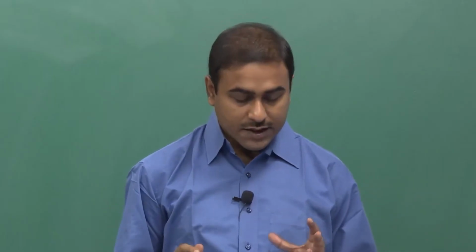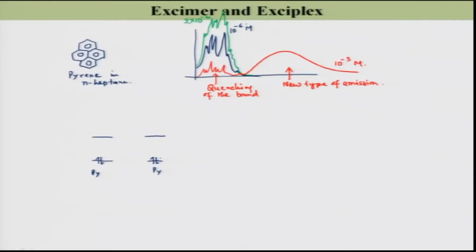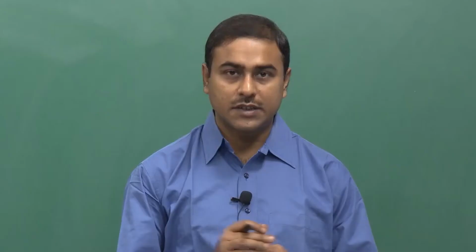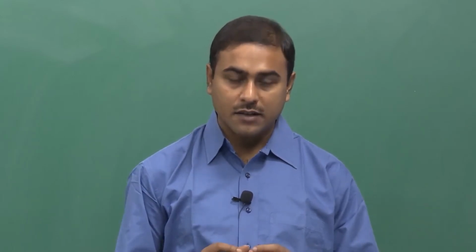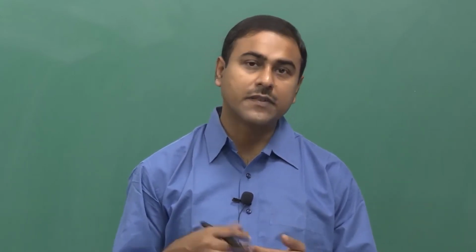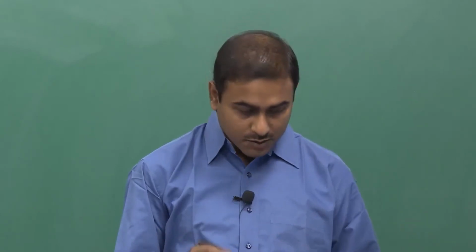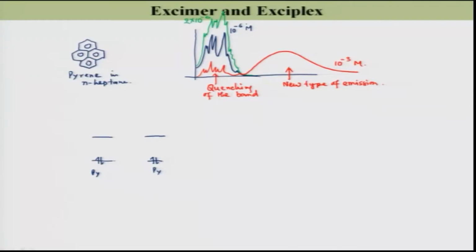Now, consider that these two pyrene molecules are interacting with each other. Then their orbitals will mix and I will get completely different molecular orbitals. These are the molecular orbitals, HOMO and LUMO, and they interact and form another set of orbitals.